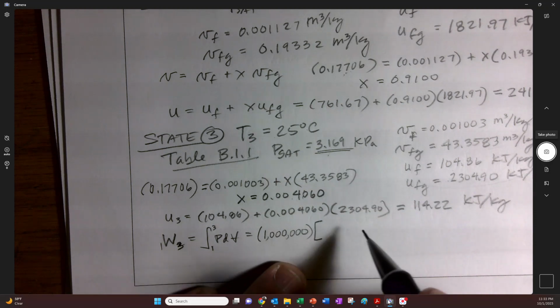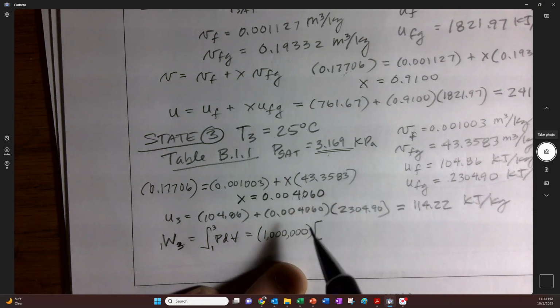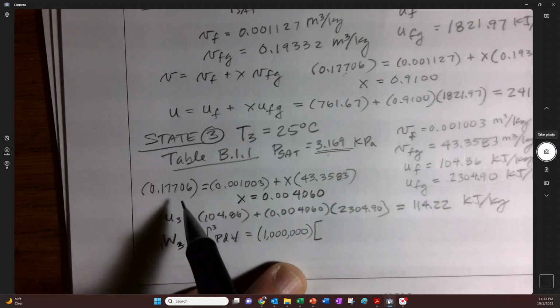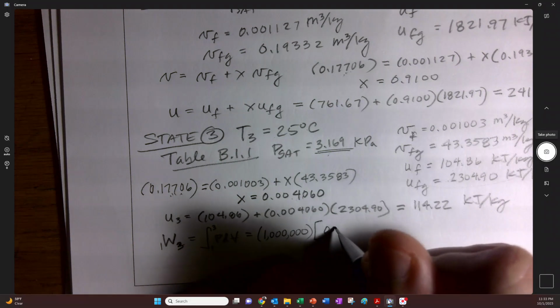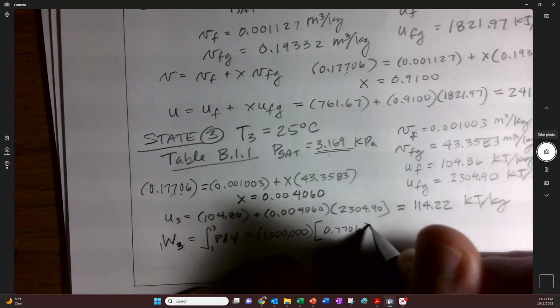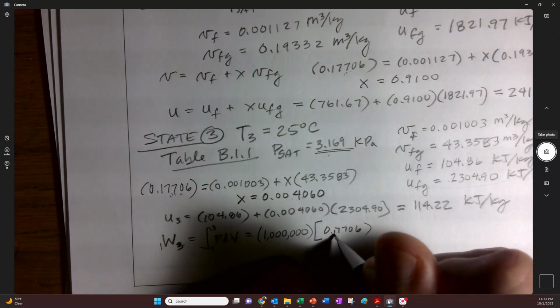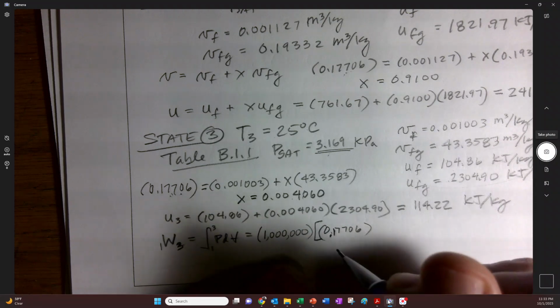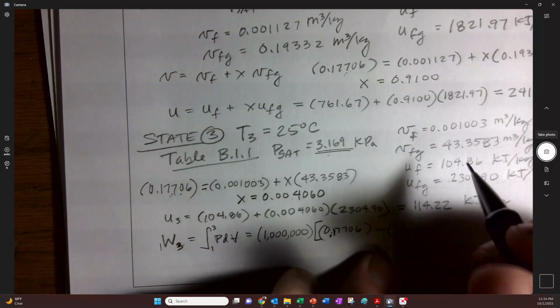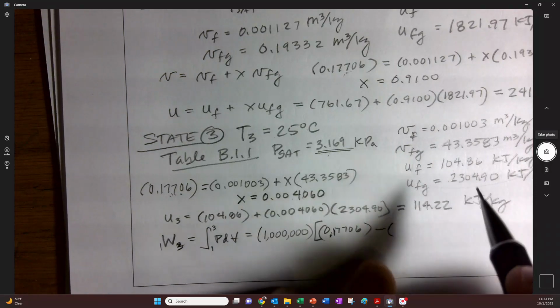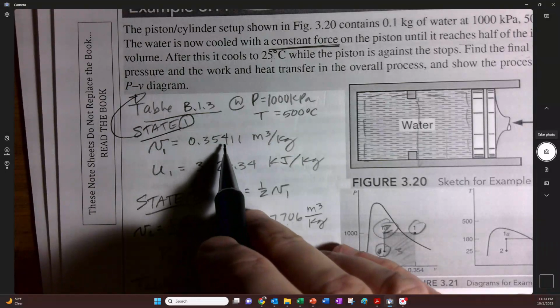So this is going to be V2 minus V1. So V2 was this 0.7706. We need a 1 in there. Minus the initial one, way up at the top, that was 0.35411.